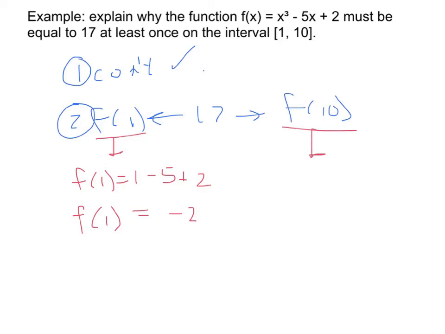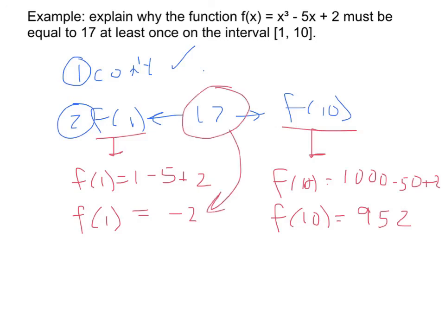And then f of 10 will be 1,000 minus 50 plus 2. That means f of 10 is 952. Right? And so, we now look at the 17, we see it's definitely between the negative 2 and the 952. So now that we've done this little bit of scratch work, we can now write our nice answer.